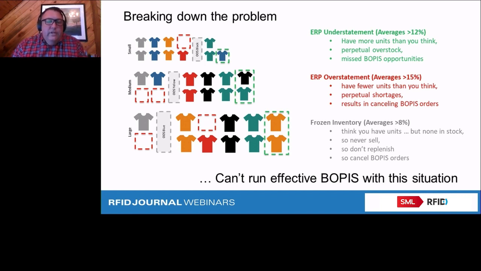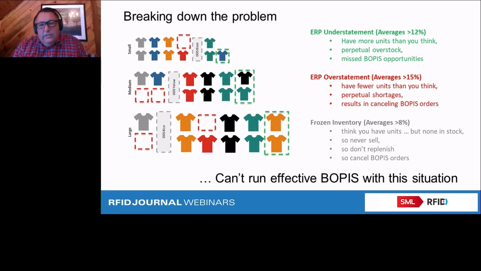The average that we see in retailers is greater than 12% for this error, if you will. So the green boxes around the items represent this. You actually have 3 of the blue small t-shirts. You think you only have 2. The problem with this is that this is a perpetual overstock situation.